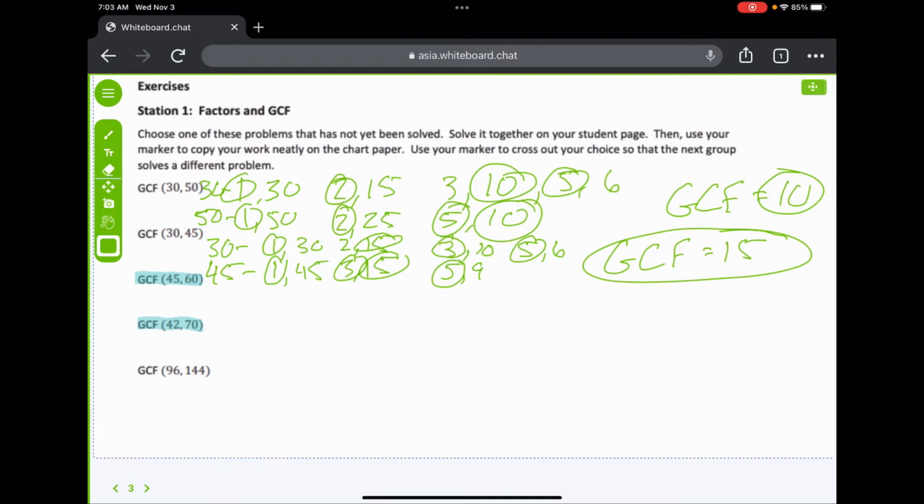So if we do 96, and then we'll start 144 down here.